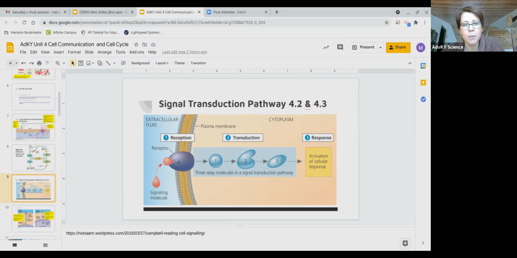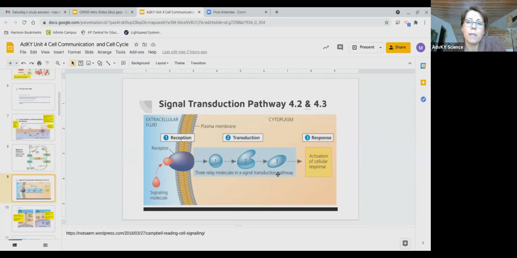So this receptor shape is going to change when these two interact. And that shape change on the intracellular side of the receptor is what's going to initiate step 2, or transduction.